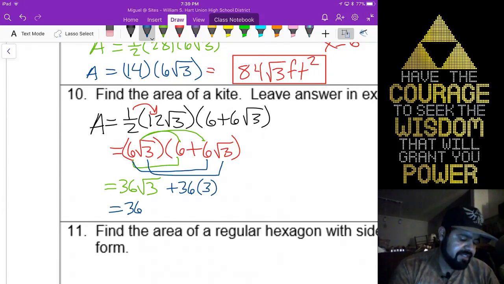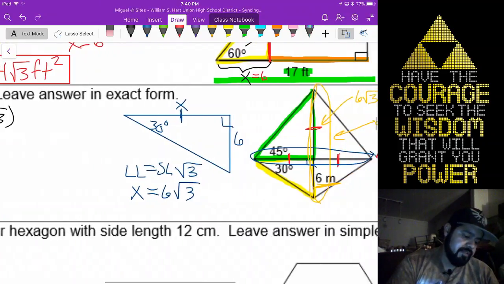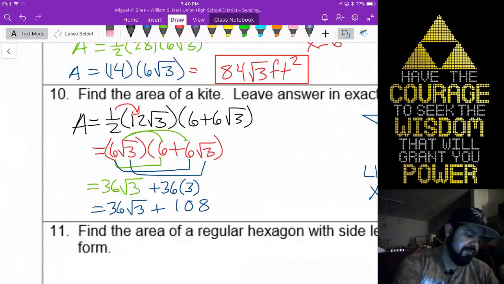So we will get 36 rad 3 plus, what is that, 18, 108. And then, of course, we have our units, meters, so then we'll say meters squared.